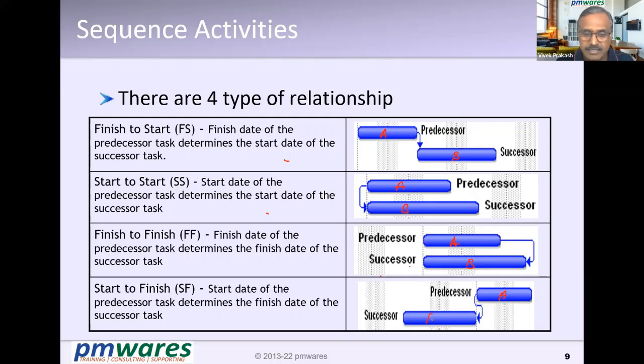B is currently in progress. It will finish when A starts. In the first case, finish of A triggers start of B. In the fourth case, start of A triggers the finish of B.